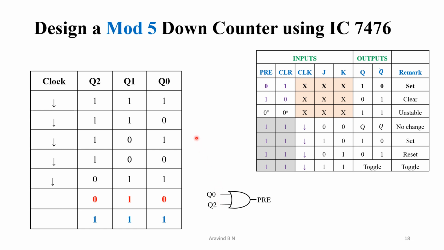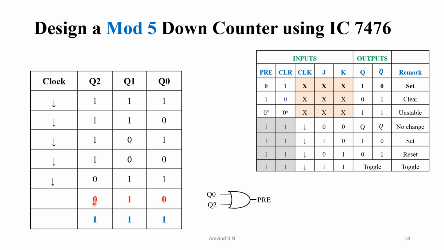Right, coming to the understanding of the design. It is a sequential decrement we are having, starting with the highest value 1 1 1 and then we move towards 0 1 1. So 5 values are completed, and by default we are going to get the next decremented value, that is 0 1 0. And as I told you, we need to tap only zeros. Which bits are having zeros?